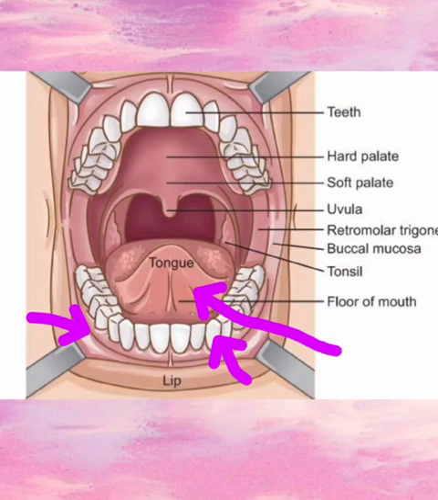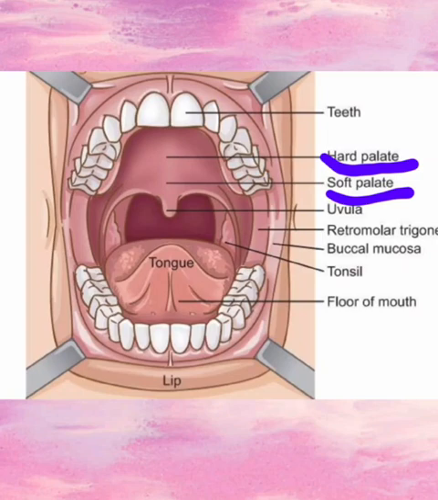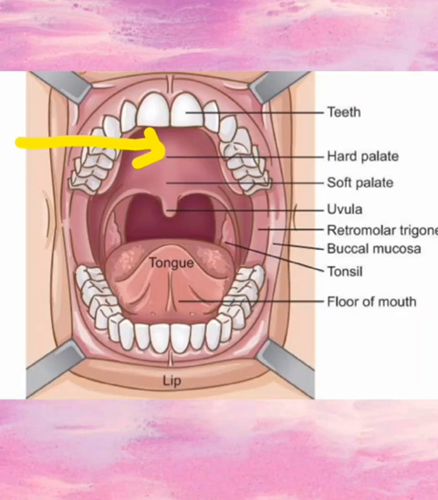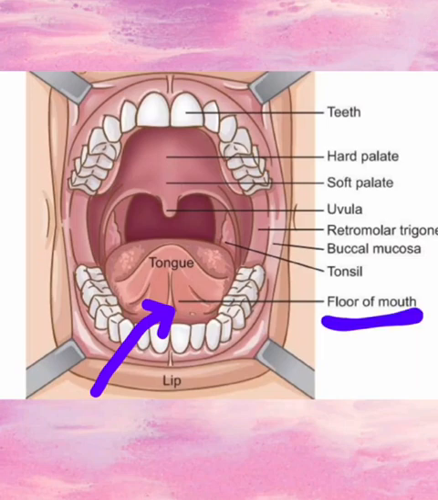Then other parts are the soft and the hard palate. The front part of the upper jaw, the upper palate, is the roof of the mouth. The front part is the hard palate, and as we go inside our mouth, the back side is the soft palate. In the down portion you can see here is the floor of the mouth.